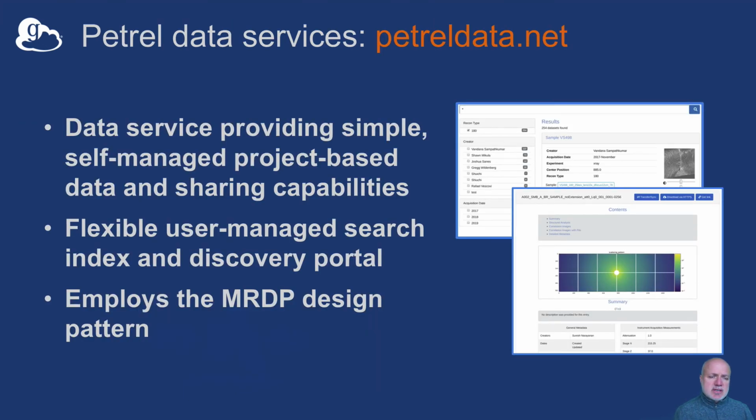And so I've mentioned the portal that's used to access these data sets. This is actually another service that is available to various groups that use the Argonne Leadership Computing Facility.